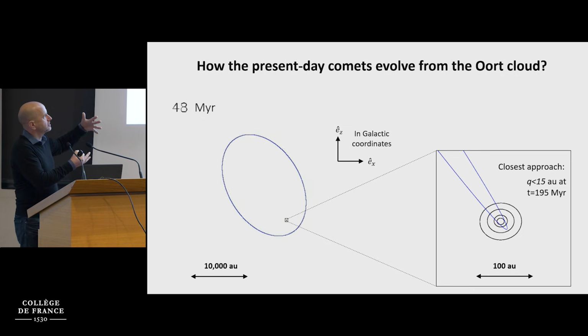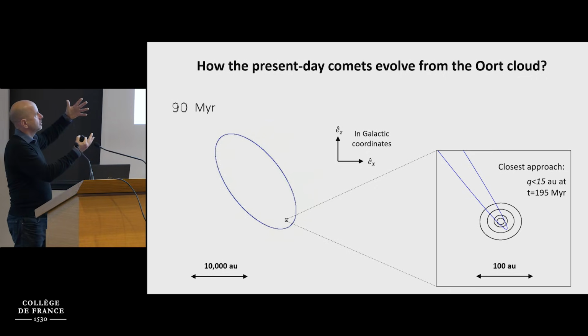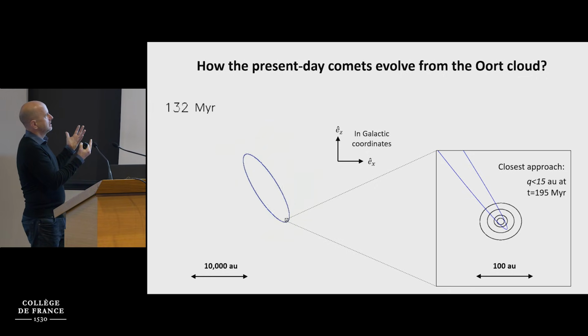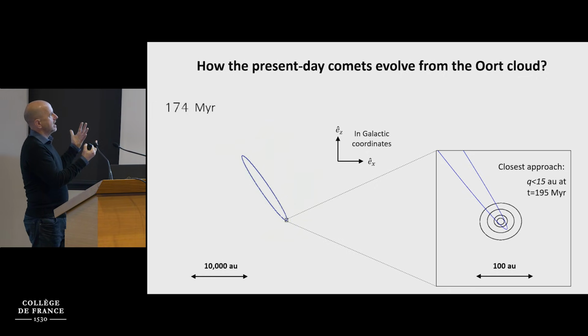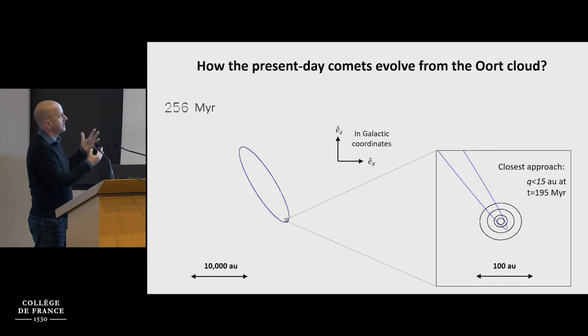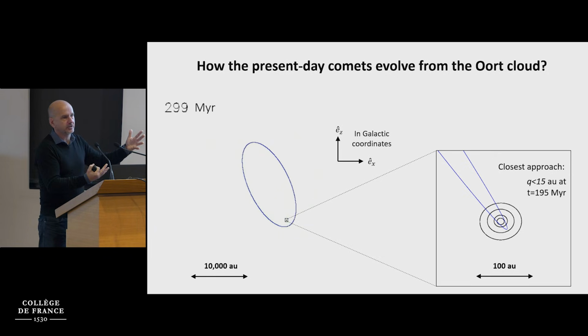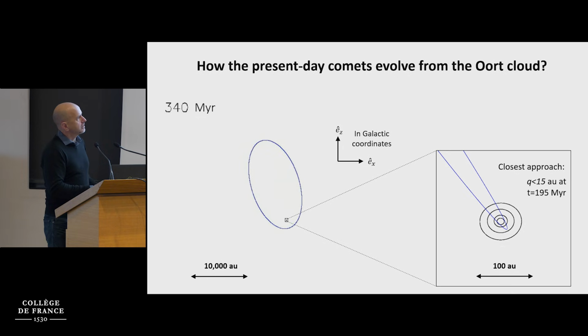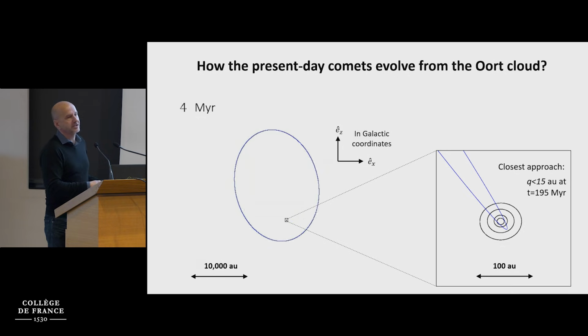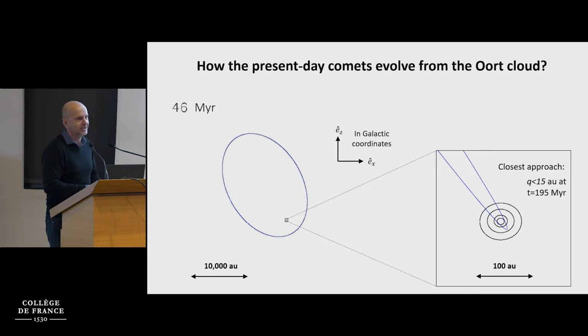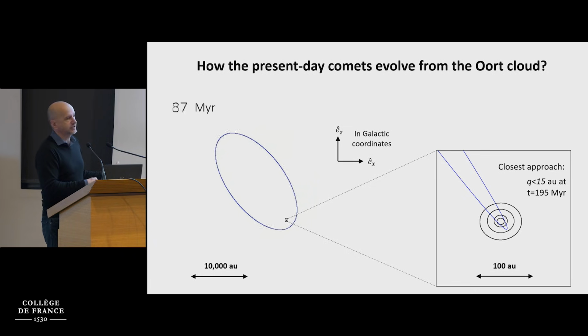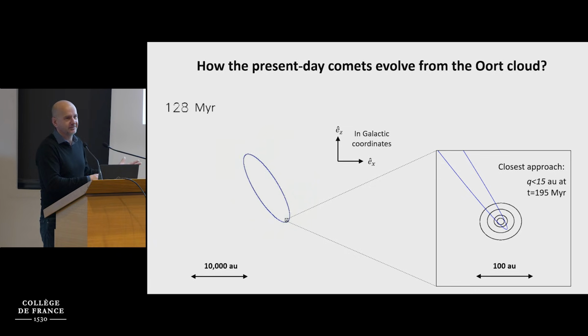So this illustrates how an Oort cloud object becomes a comet, and then if it survives, doesn't physically disrupt or get scattered too much by the giant planets, it just cycles back to the Oort cloud. The closest approach in this case is only 15 AU, so this doesn't become a real comet. A comet needs to evolve closer in, and that's also the reason why this object survived the perihelion passage.